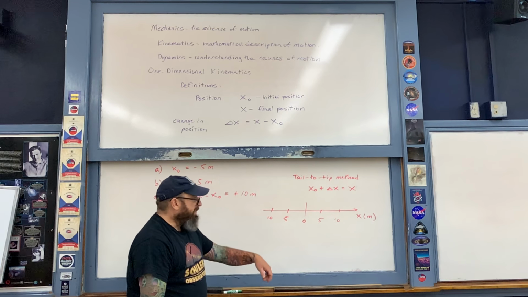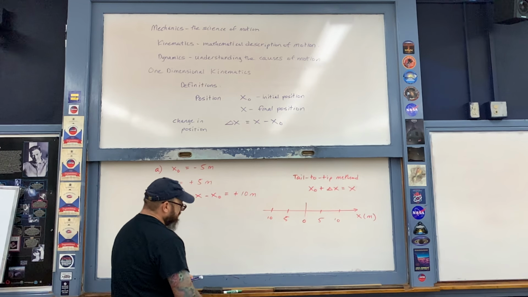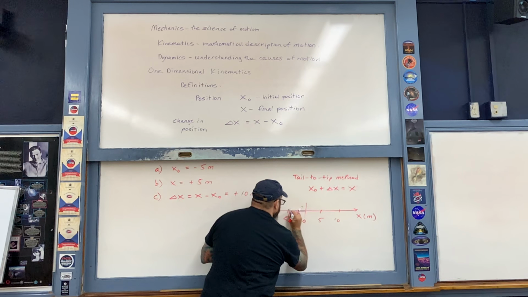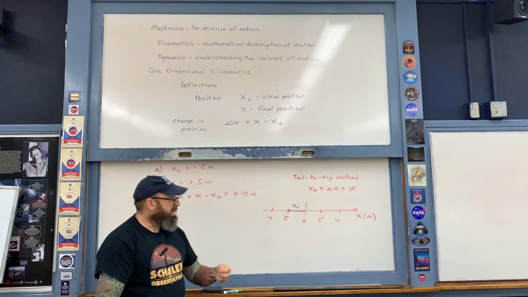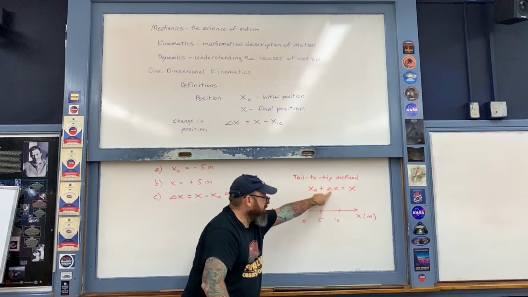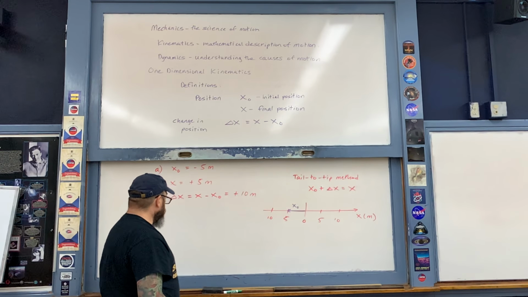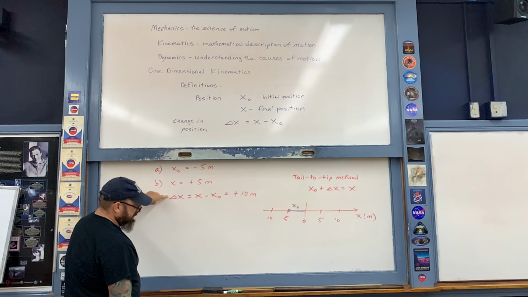And then we start off by drawing the initial position vector x naught. That's negative 5 meters. That then looks like this to the left-hand side. And now we place the tail of the second vector, delta x, at the tip of the first vector, x naught.